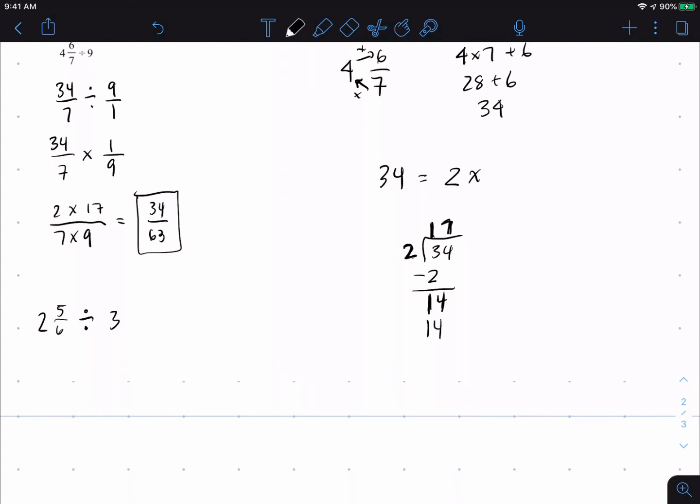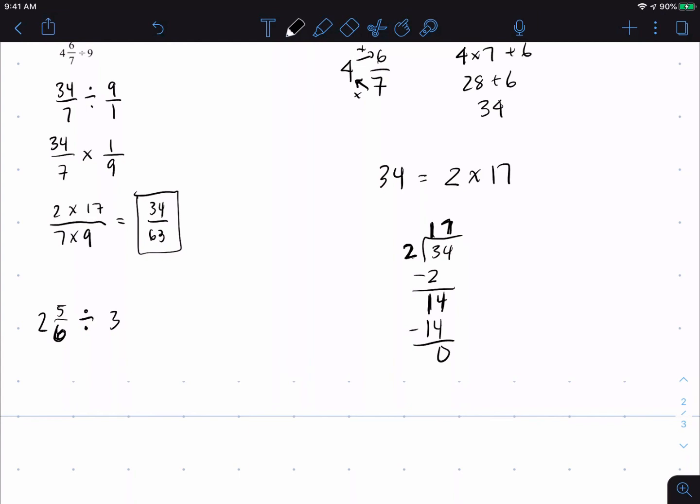So 2 times 7 is 14. We have no remainder, and so I know that 2 times 17 is 34. So that's how I got the 2 times 17. Okay.